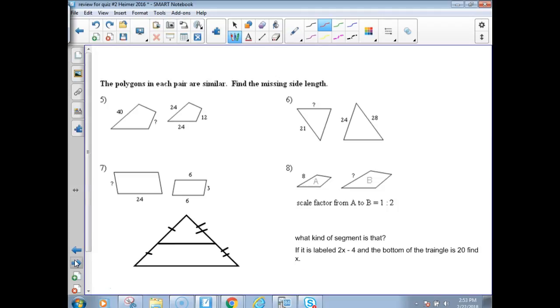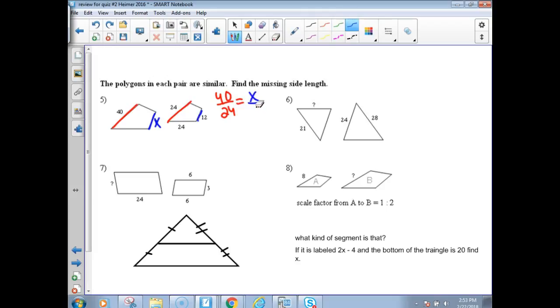All right, next we've got some similar figures. I'd like a setup. Can someone set up number 5 for me? If I put an X right there. All right, Darylyn. Okay, so you did 40 is to 24 as X is to 12, and that's perfectly good.